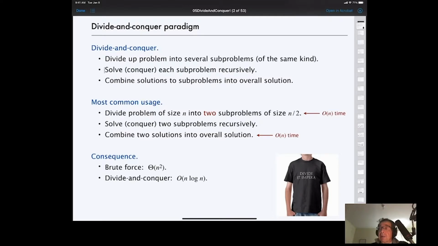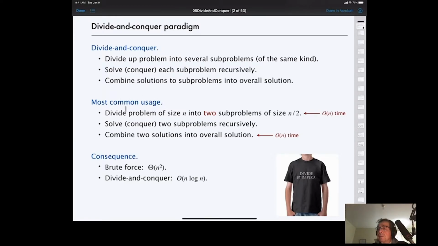Once you get to that point, we solve it, and then recursively return and combine the solutions of the subproblems into an overall solution. So those solutions are found and combined to find the solution at the next level up until we get to the starting point and we solve the problem completely.